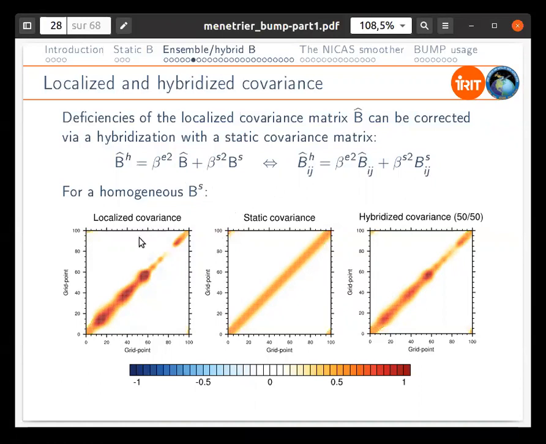In the illustration, on the left we have the localized covariance. In the middle, it's the static covariance. And on the right, it's a 50-50 hybrid. So we can get back some features that may have been lost in the localization. So it's really an interesting solution for most variational systems.